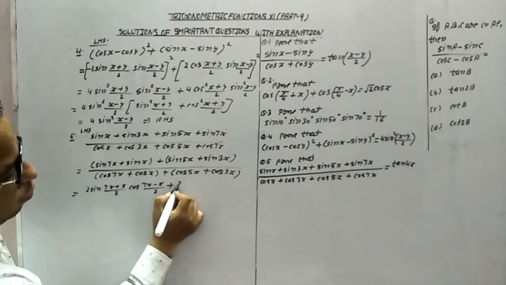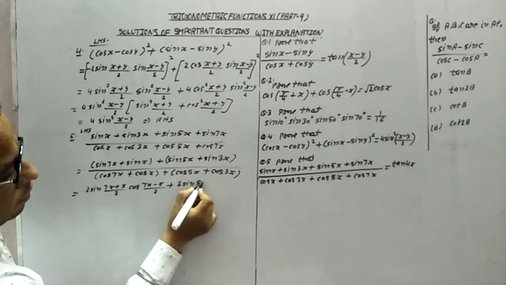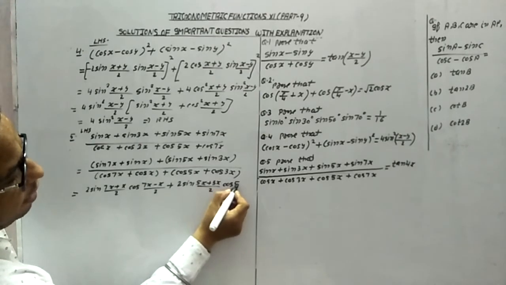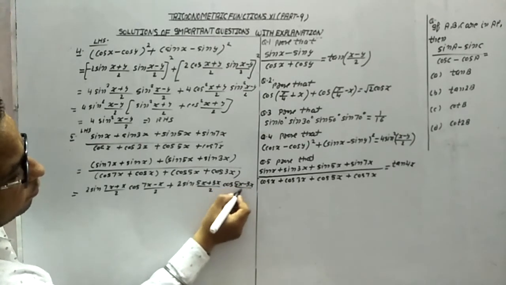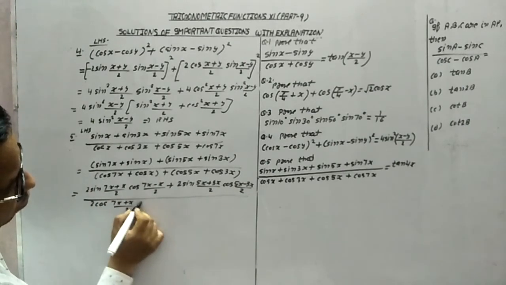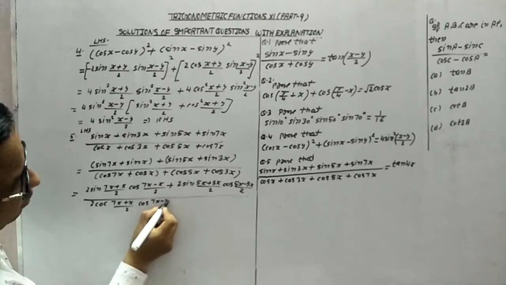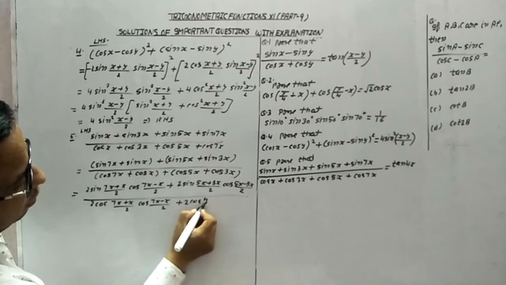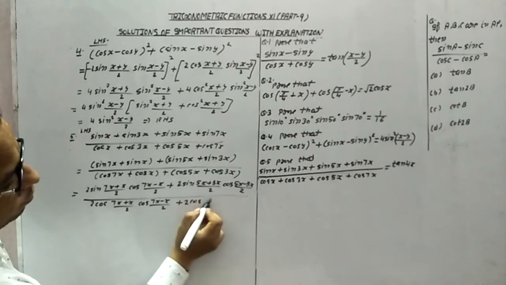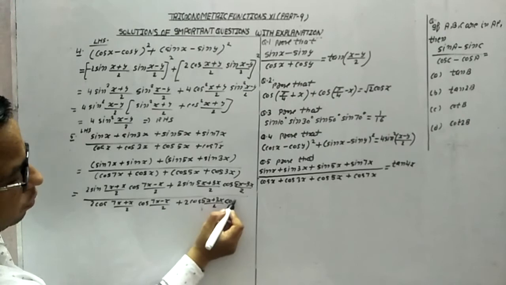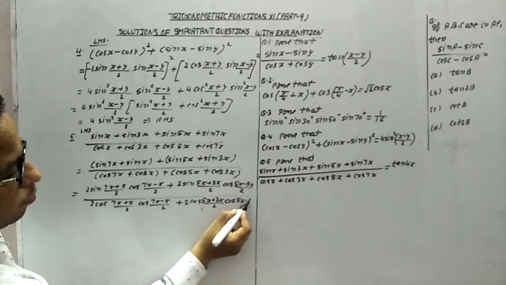In the same way for the denominator, cos c plus cos d is 2 cos (c plus d) by 2 cos (c minus d) by 2.